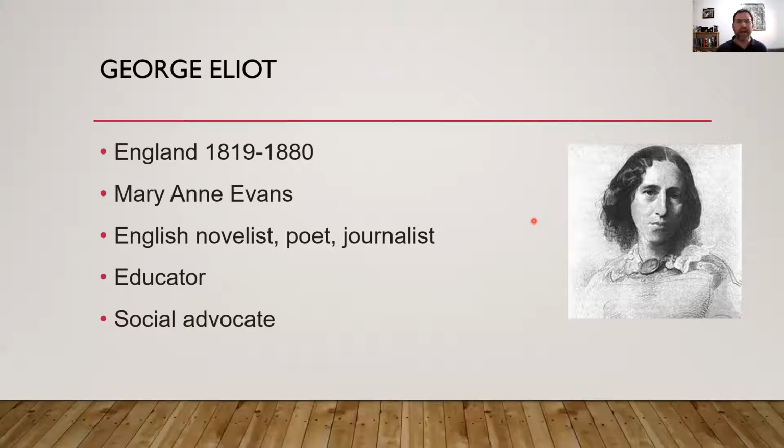First of all, George Eliot lived in England between 1819 and 1880. And her real name was Mary Ann Evans. Why would she change her name to George Eliot? Well, as you can see by the picture here, Mary Ann Evans was not particularly good looking.